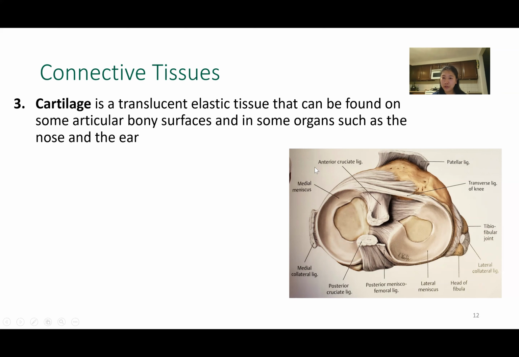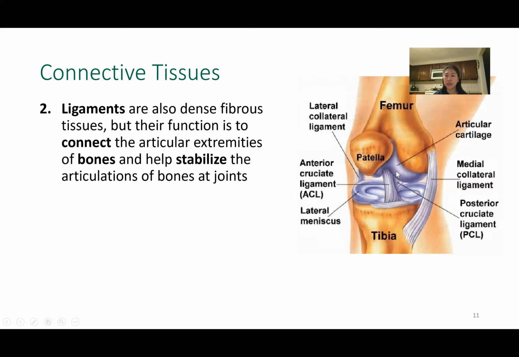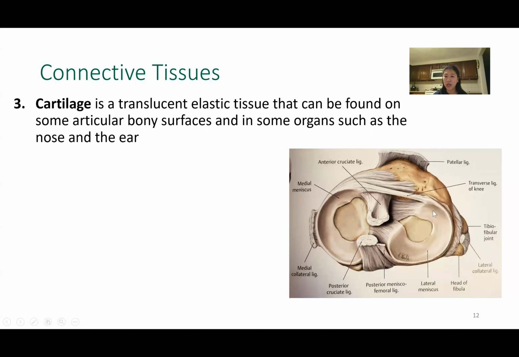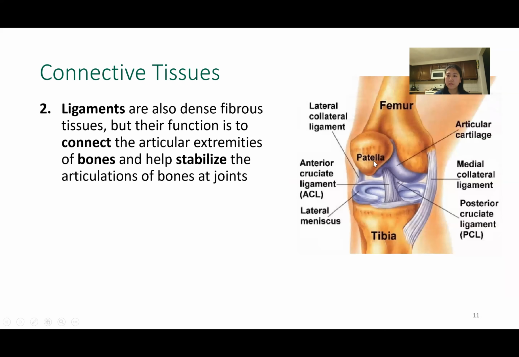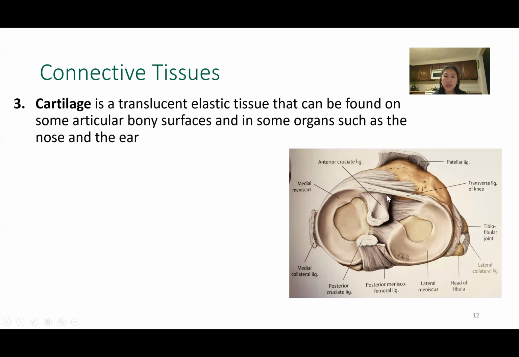Here I showed you a picture of, again, the knee, but it's a different view of the knee. As if you're looking at another person's knee, from above to below. So you're looking at this plane right here in this picture.